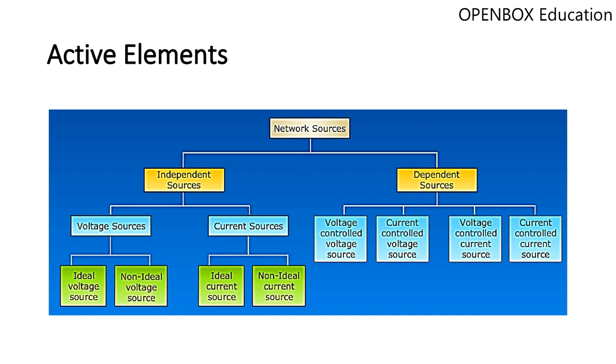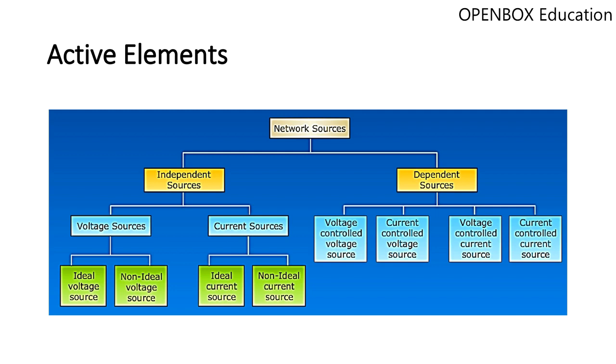Network sources are classified into two types, namely independent sources and dependent sources. Independent sources are again classified into voltage sources and current sources. Voltage sources are of two types, namely ideal voltage source and non-ideal voltage source.